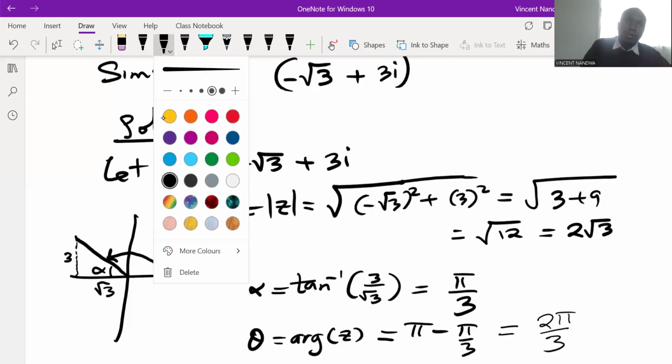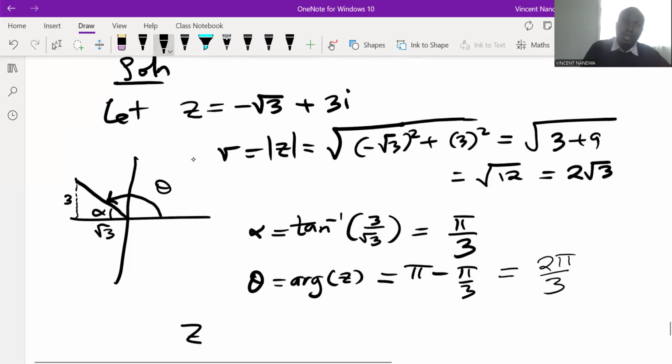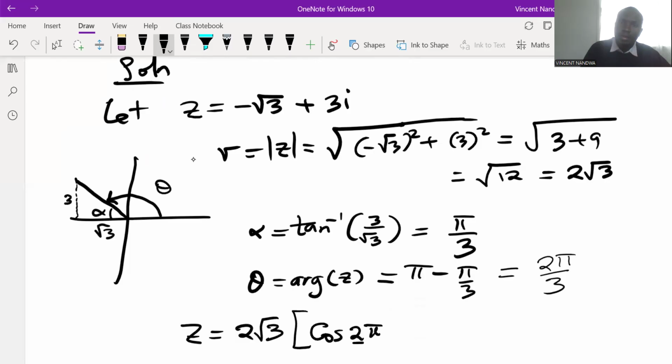So now we can write z. So z is given by r, which is 2 root 3 into cosine of 2 pi over 3 plus I sine 2 pi over 3.